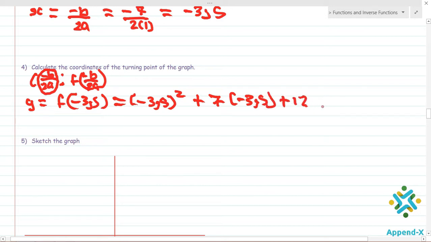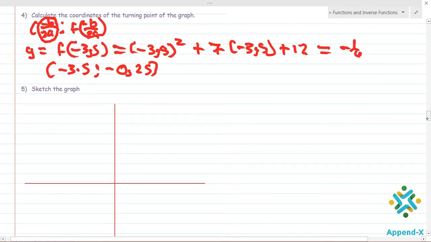Plugging this into your calculator, you should get negative 1 over 4. Therefore, the coordinates of the turning point are negative 3,5 and negative 0,25, or negative 7 over 2 and negative 1 over 4.